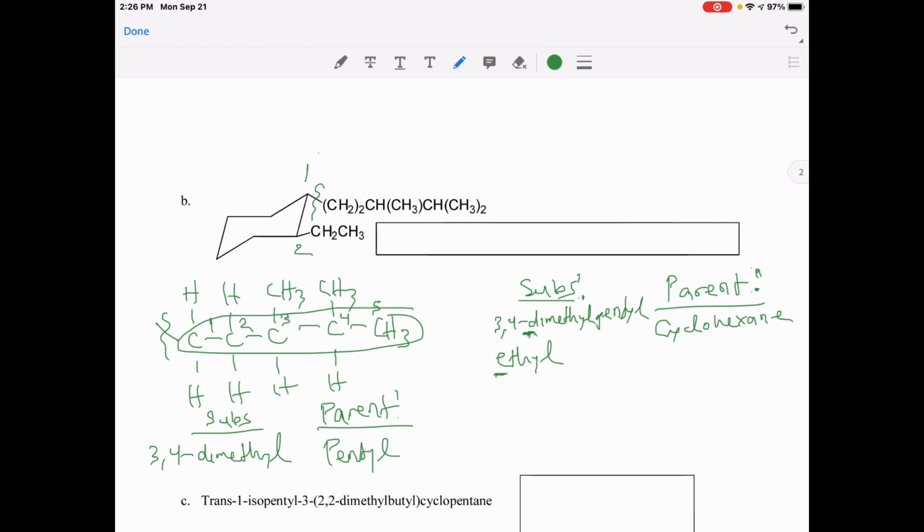In that scenario, if we list it out, we would get a final name of 1-(3,4-dimethylpentyl)-2-ethylcyclohexane. And this would be our final answer.